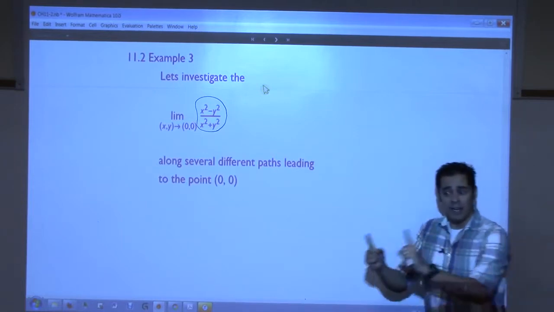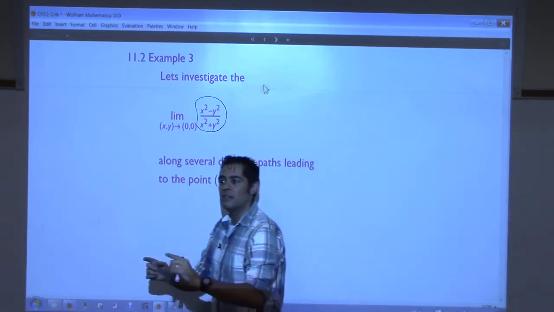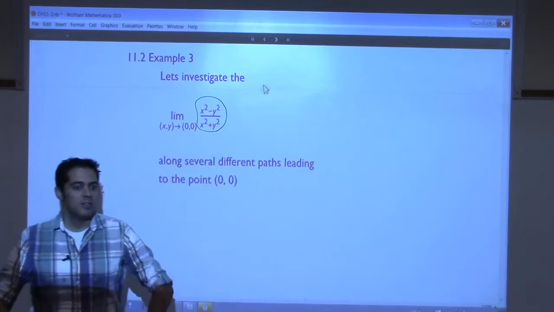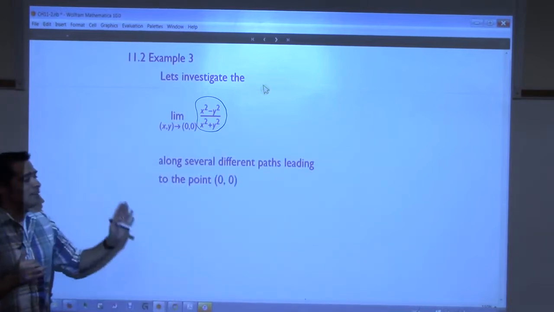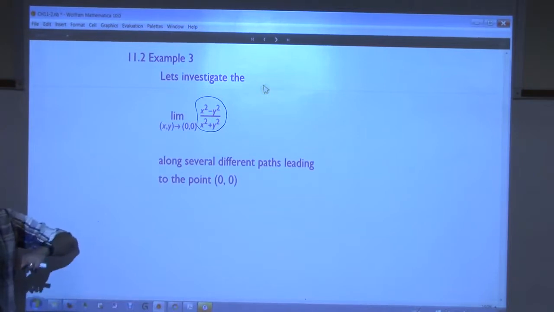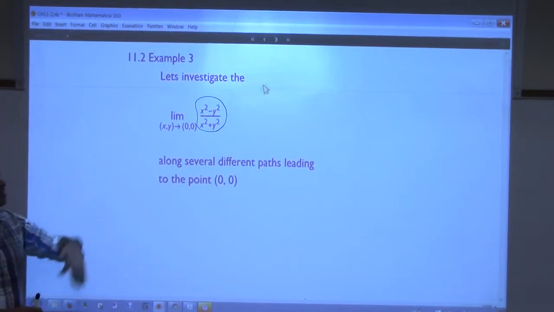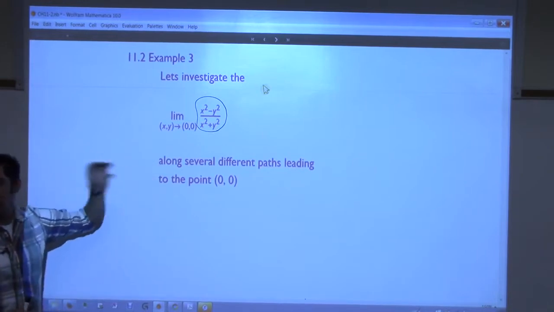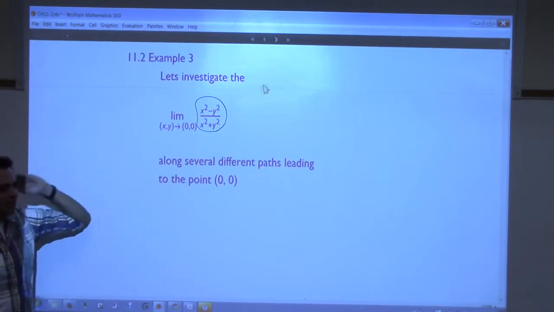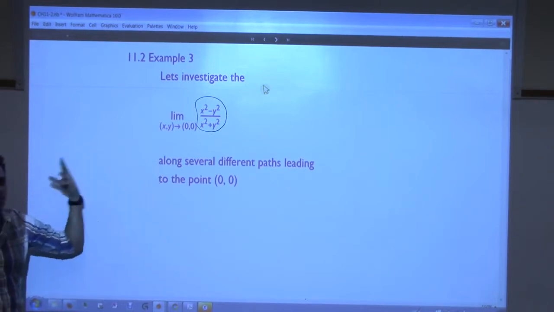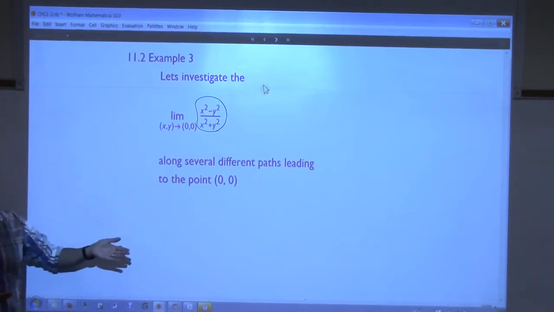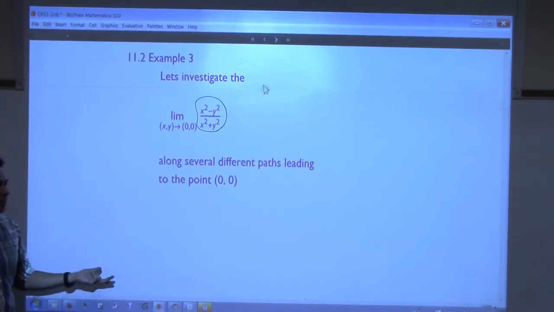If I get different answers from different paths, the limit does not exist. So it's easier for us to check that a limit doesn't exist than it is for us to check that it does. What we don't want to happen here is keep on getting the same answer every time we come in from different paths. Because every time we do, all it does is tell us we need another path, and we're never going to run out of paths.